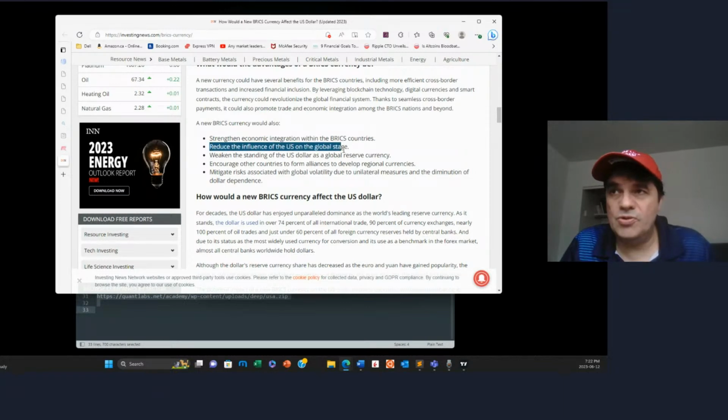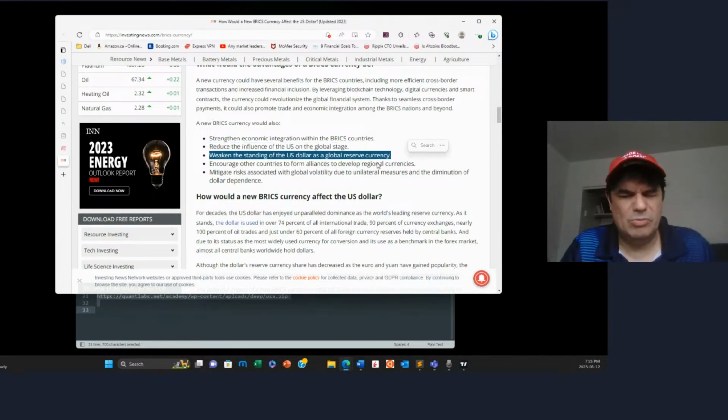Reduce the influence on the global stage. Because in the last few years, the US has really taken upon themselves to weaponize countries that don't fall in line and don't play ball with what the US and what the West want them to do politically, militarily. So they punish them with the US dollar. They want to weaken the US dollar global reserve currency.